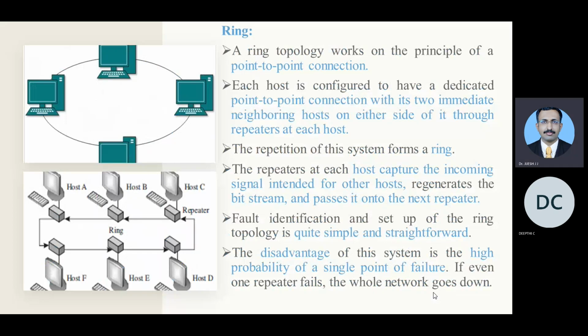So these are the four topologies we have studied. Apart from that, we have three topologies.